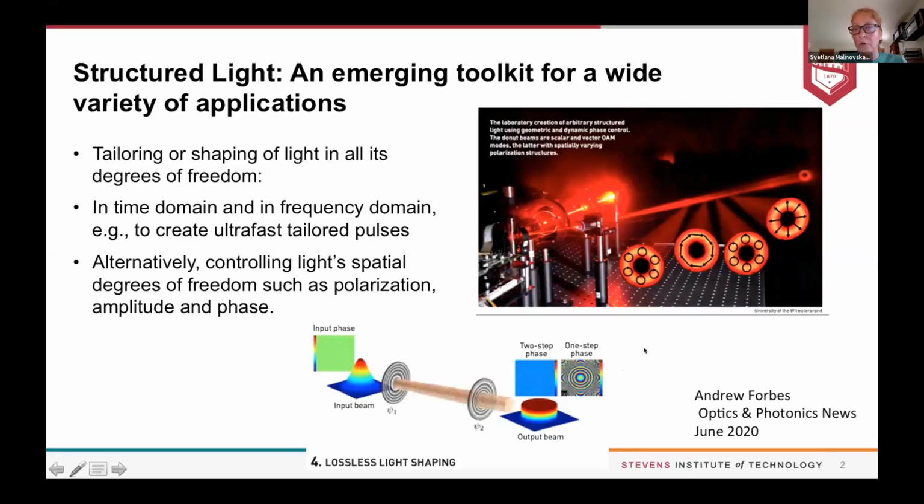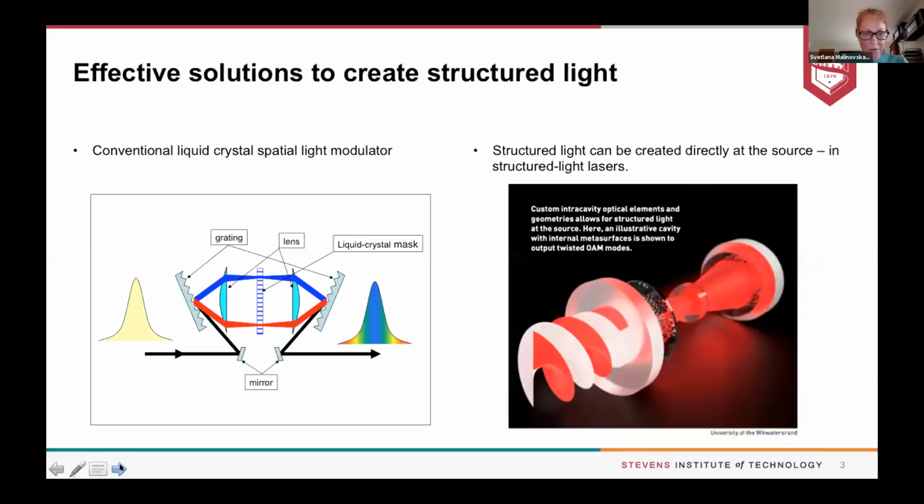So the wavefront is not plane anymore. It may be helical or have any kind of distortions associated with the wavefront propagation in space.